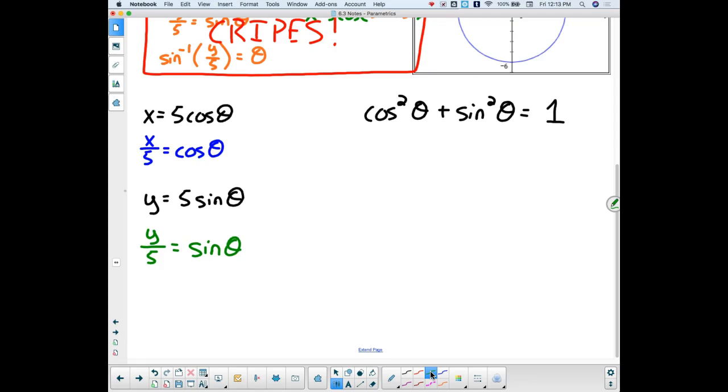So I could go over here, and then I could say that this is x over 5 quantity squared plus y over 5 quantity squared equaling 1.